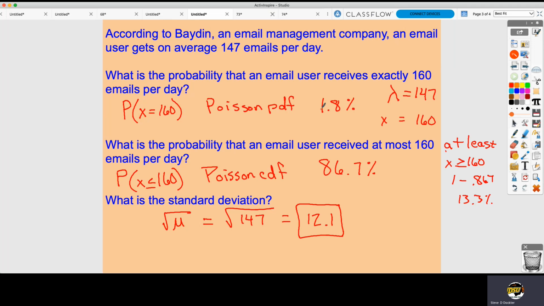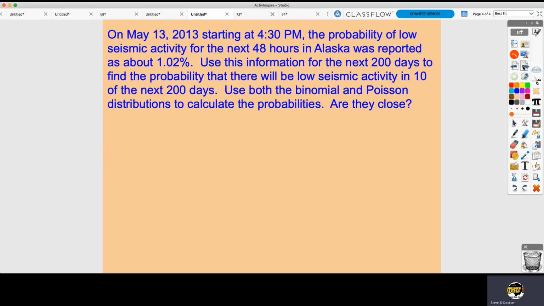All right, any questions? All right, last one here. This one asks you something a little bit different, okay? Read it. I don't know how important this one is to have notes down for this. I think if you just follow along with what we're doing here, you should be good. All right, probability of low seismic activity for the next 48 hours.